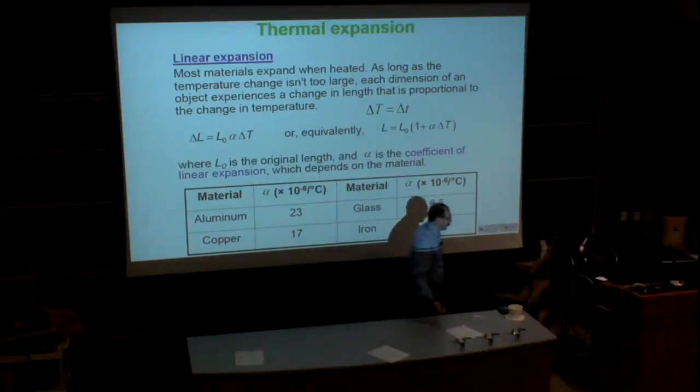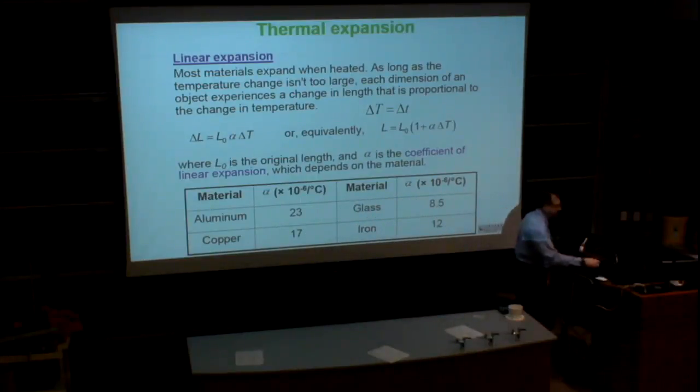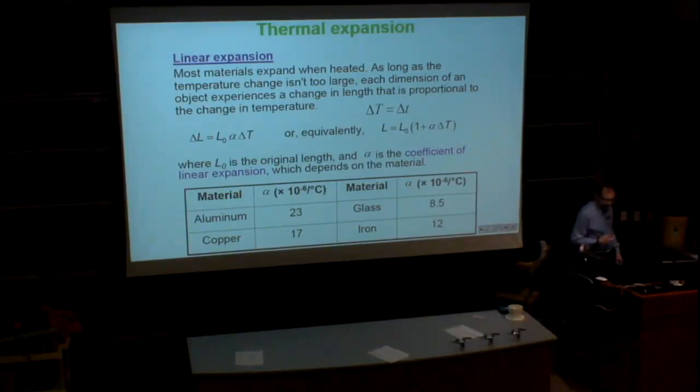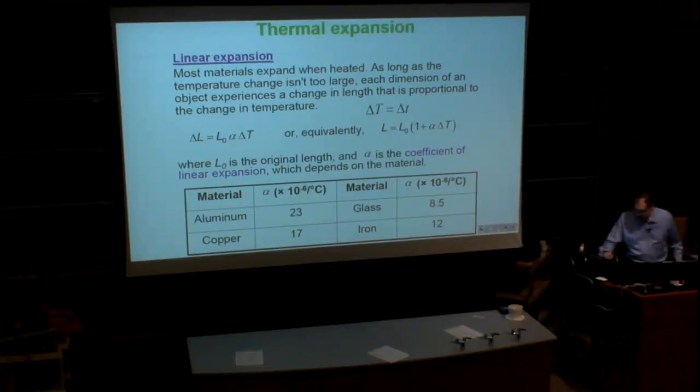And you see in this slide, the temperature change is written in kelvins, but we know that we always can replace it immediately with Celsius, because the temperature change will be the same using both scales.